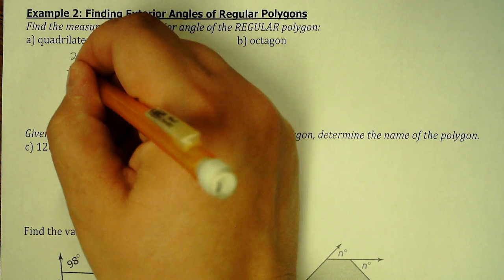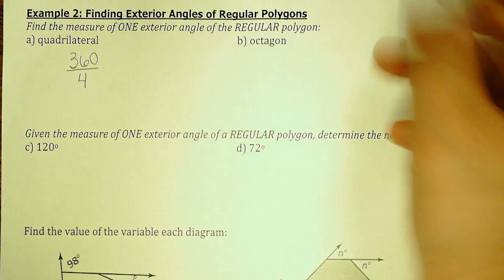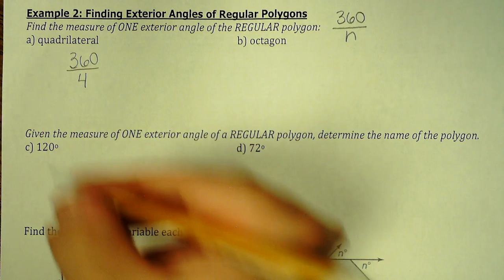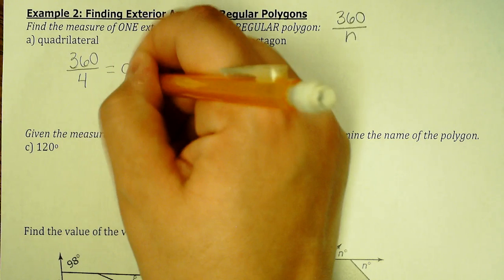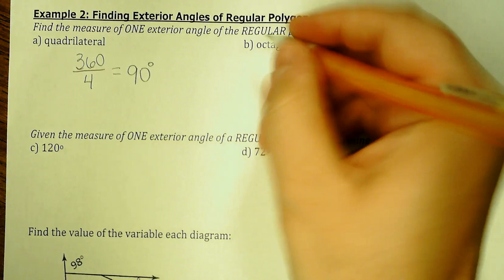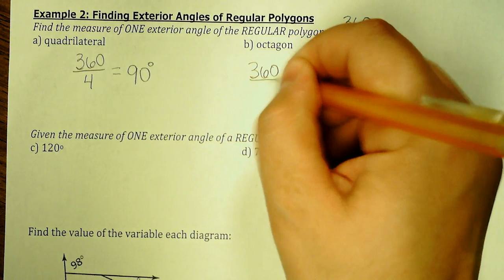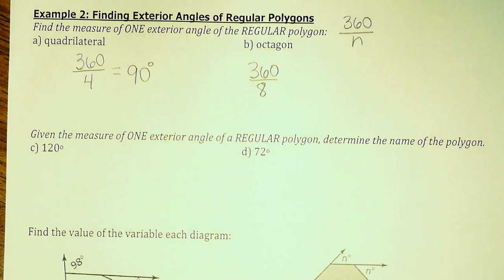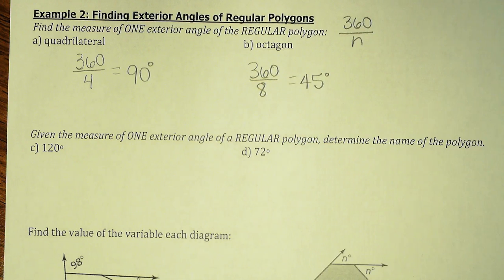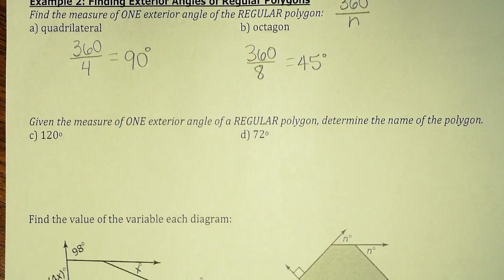So we're just going to do 360 divided by, put a little formula here, just 360 divided by the number of sides. For a quadrilateral, that would be 4. So your exterior angle is 90. An octagon has 8 sides, so I'm going to do 360 divided by 8, and that's going to be 45 degrees.